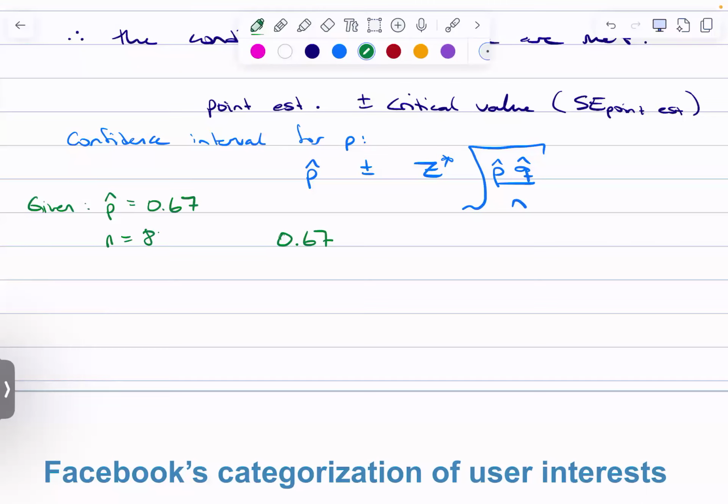And N is 850. That was all we were given in that problem. 0.67 plus minus, and I'm going to just keep it as a Z star for a little bit longer, times the square root of 0.67 times 0.33, 1 minus 0.67 from earlier, divided by 850.